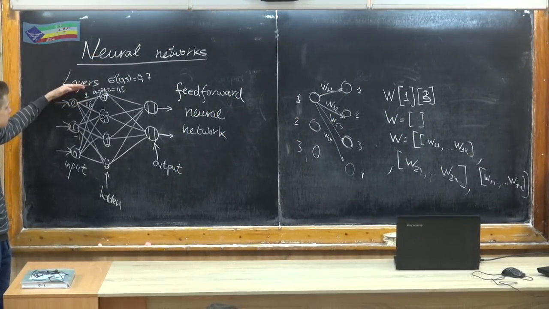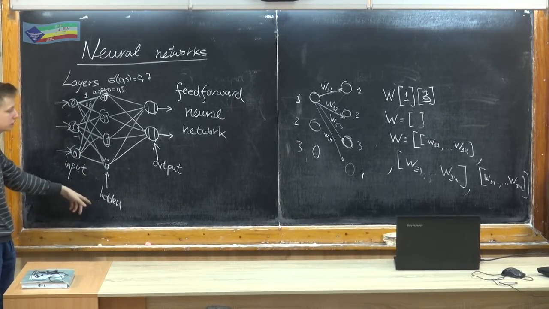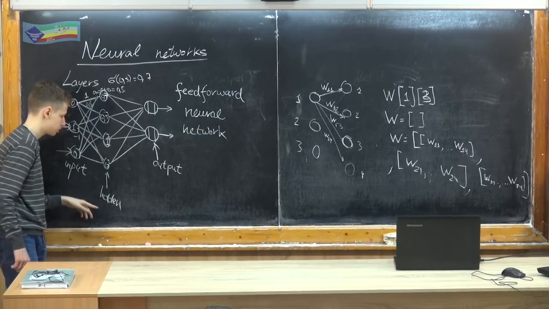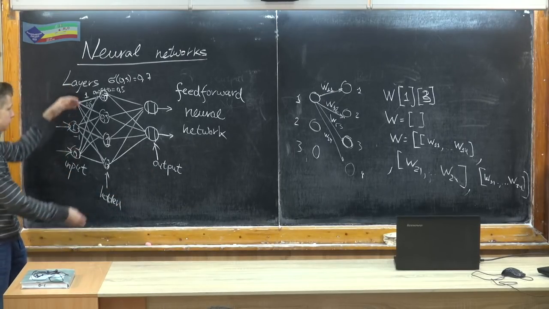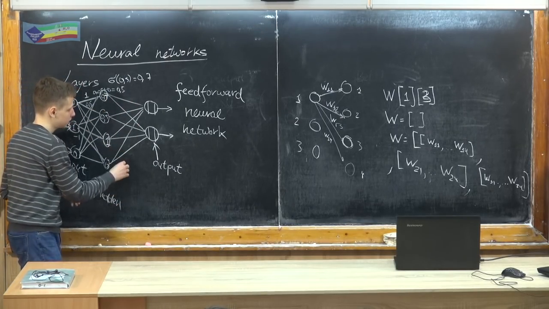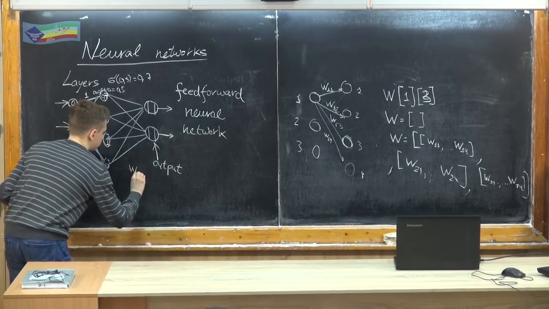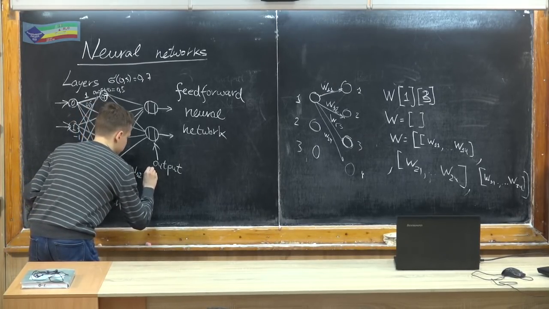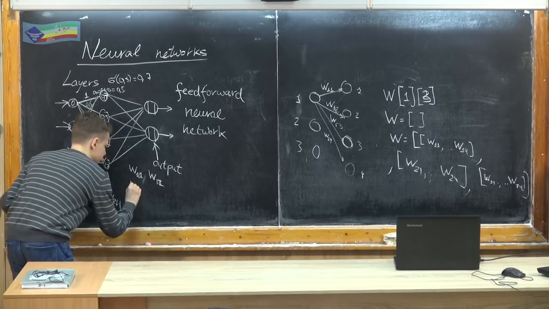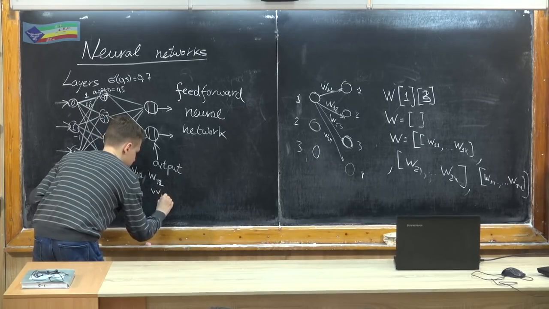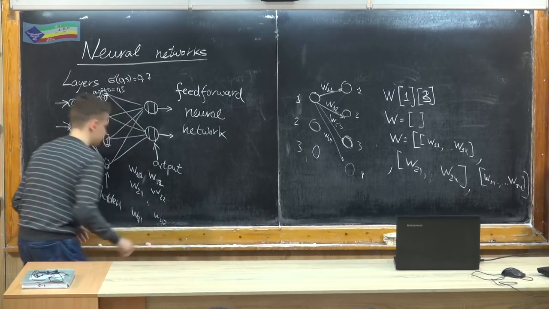So here we defined the first table of connections from input to hidden layers, and now we can do the same and treat hidden neurons as input ones and outputs as hidden ones. And we can define the same table, but it will look like that.